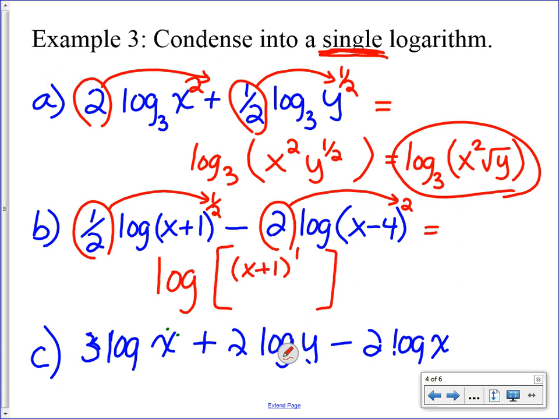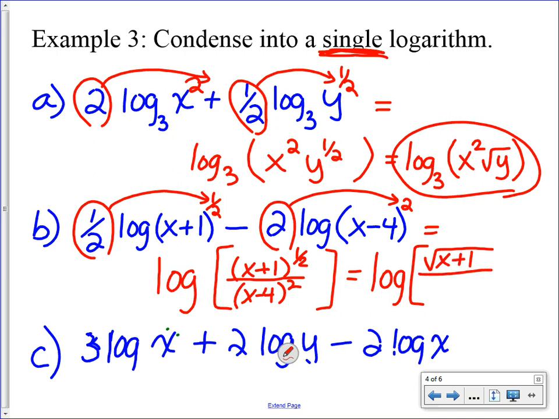So we'll have x plus 1 to the 1/2 power divided by x minus 4 squared. Then we can convert that 1/2 power to a square root. And we've condensed it into a single logarithm.